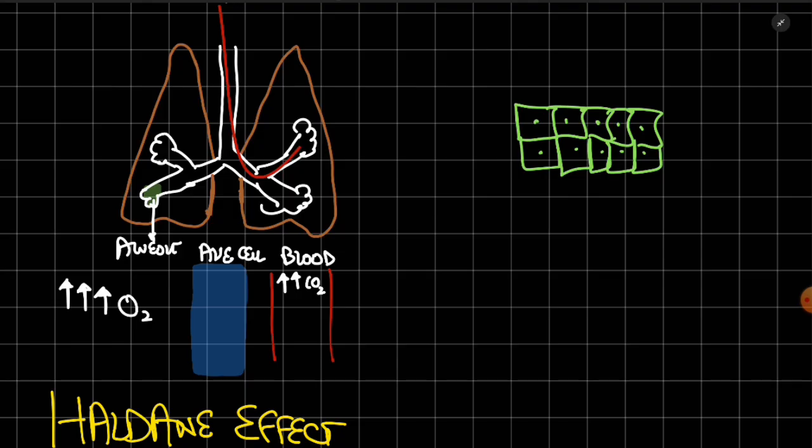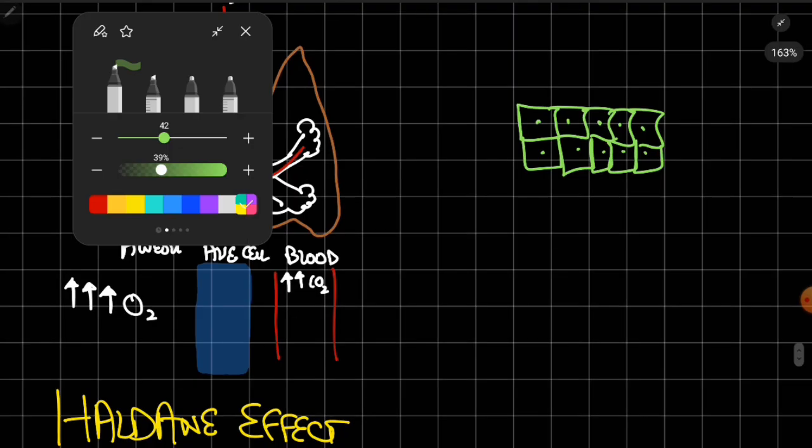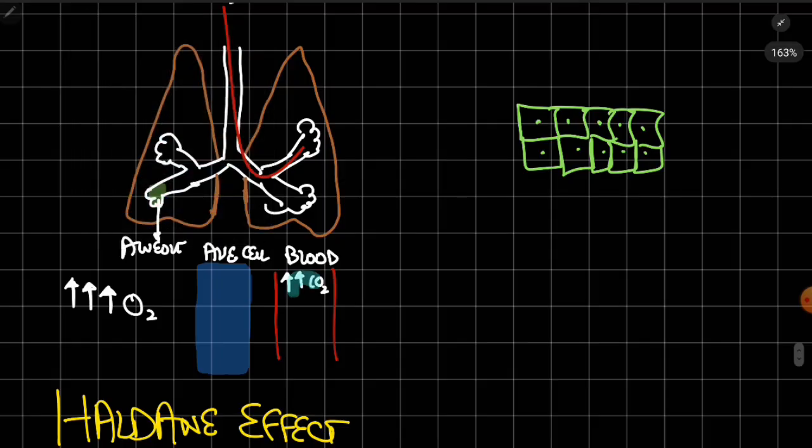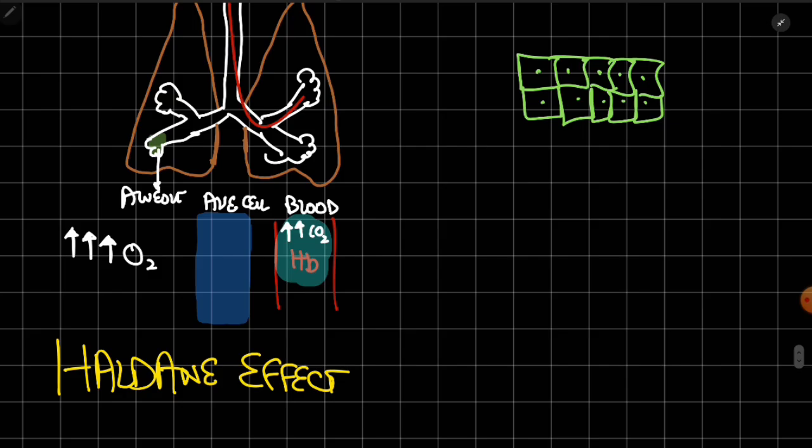So what happens, there is a molecule. Let me draw that molecule too for you. This is also a basic diagram, the Hb molecule is holding CO2. Since there is increase in O2, this O2 will go in the blood and bind to the Hb molecule. Why?